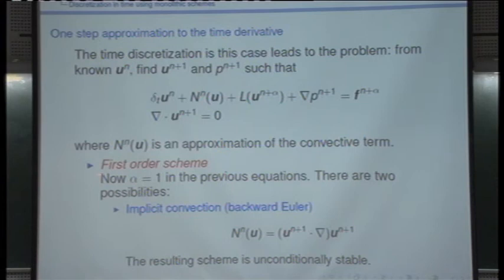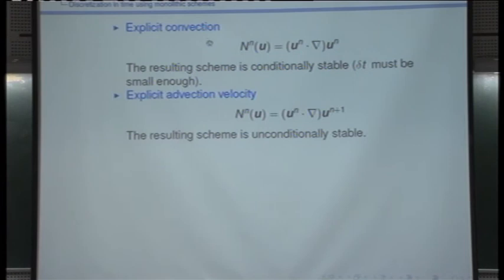So for a first order solution, the simplest way is to take alpha equals 1, and then either evaluate the convective term everything at n plus 1, which is the most advisable option, or evaluate it at n, at the previous time step, or evaluate the advection velocity at n and the transported velocity, the second argument, at n plus 1.